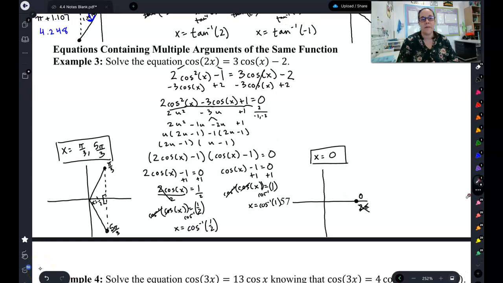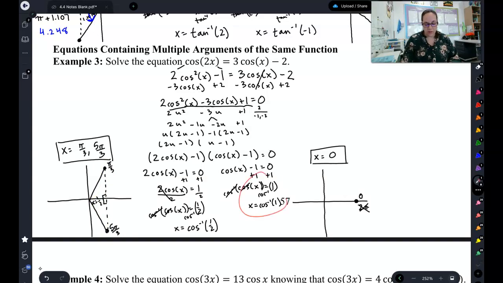Let's check your work. I set this factor equal to 0, solved it, and I got arc cosine of 1/2. So what radians on the unit circle give me a cosine value of 1/2? Well, that's these two triangles right there. They both have an x value or a cosine value of 1/2, so that gives me pi thirds and 5 pi thirds.